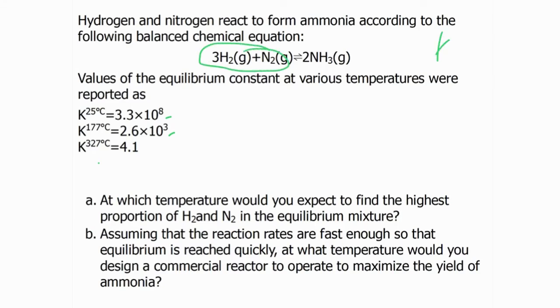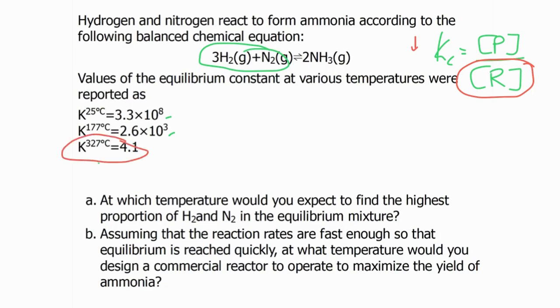If we think about Kc, it is my concentration of my products over my concentration of reactants. So if I'm asked about where I have the most reactants, that's going to be where Kc is the smallest. So at higher temperatures, I have fewer reactants, according to these K values that are given to us.